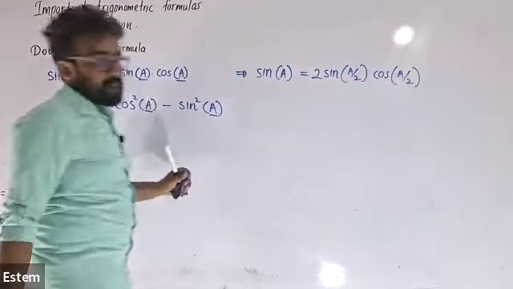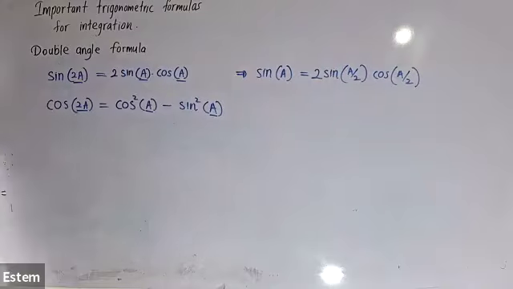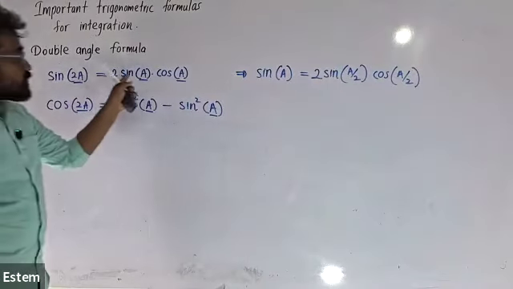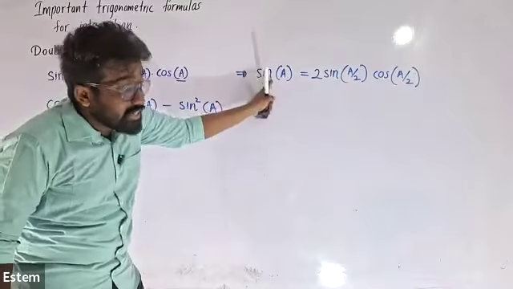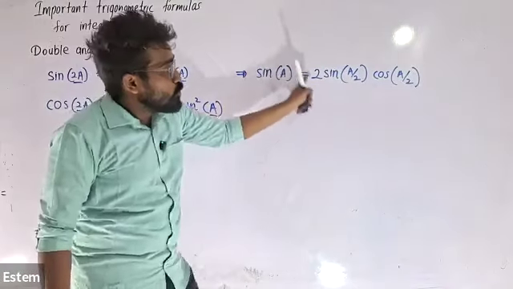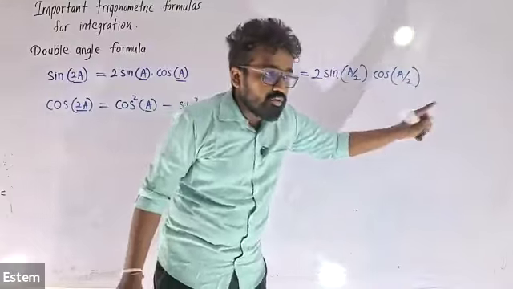That is the pattern. Sin 2A is 2 sin A cos A. If it is sin A, then 2 sin A over 2 cos A over 2.